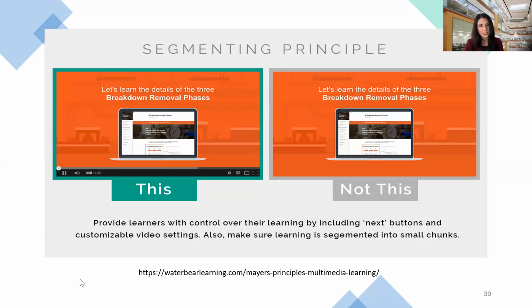And so one of the things that we know from, again, a memory and retention principle is that the more that you can have things segmented, you can have things broken down into smaller chunks, the easier it is for people to move through those different phases and to then be able to remember some of those discrete pieces of information with more granularity and more specific detail.